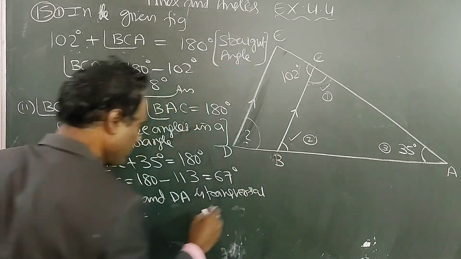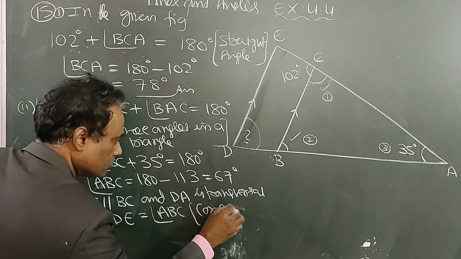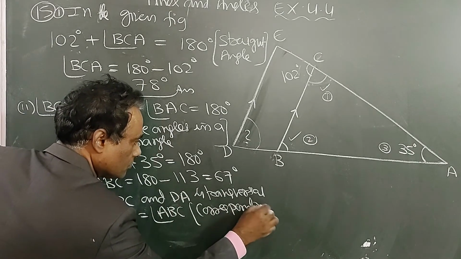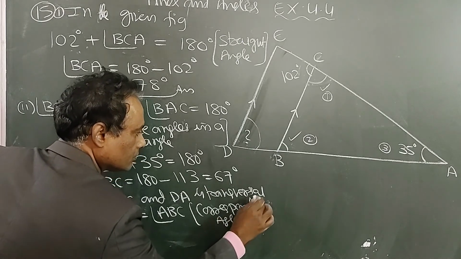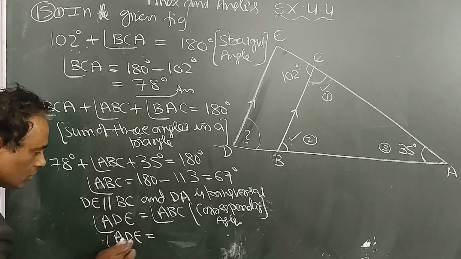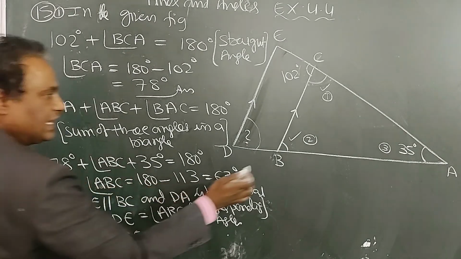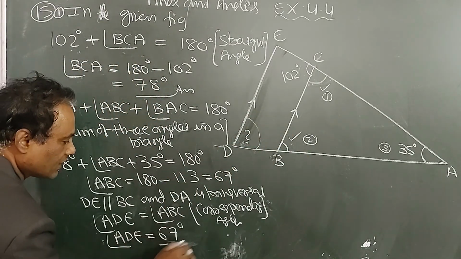These two are equal, corresponding angles. So ADE is equal to this angle, which is 67. This is also 67, corresponding angles.